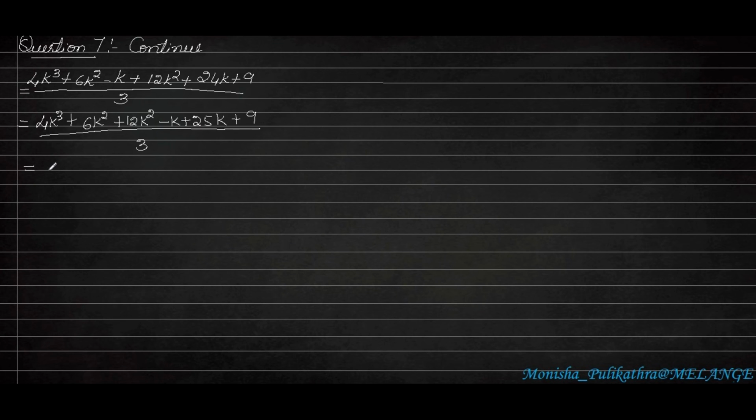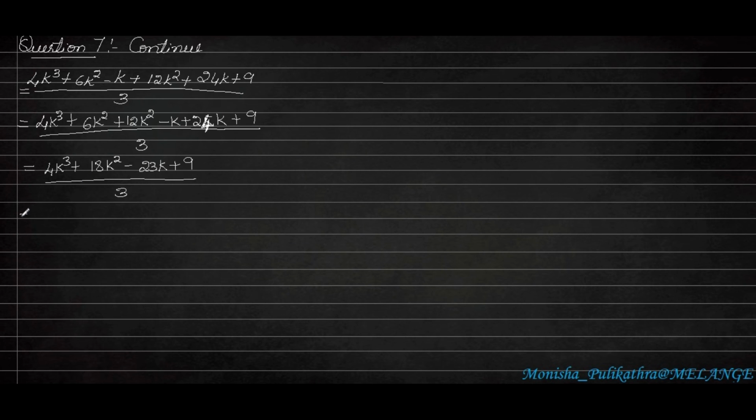So next it will be in the form of 4k cube plus 12k plus 6k is 18k square, 25k minus k is 24. Oh sorry, it should be 24. So 24 minus k is 23k plus 9, whole divided by 3.